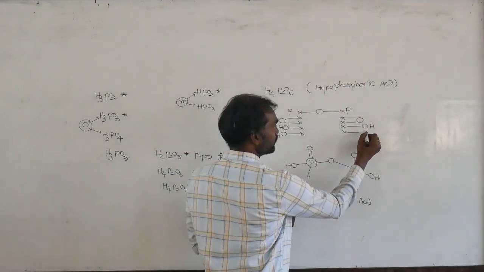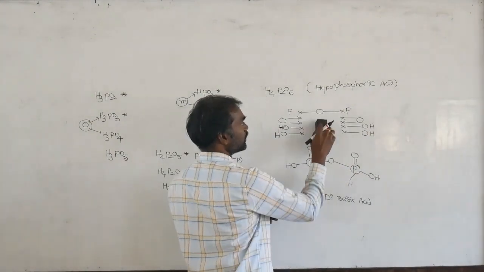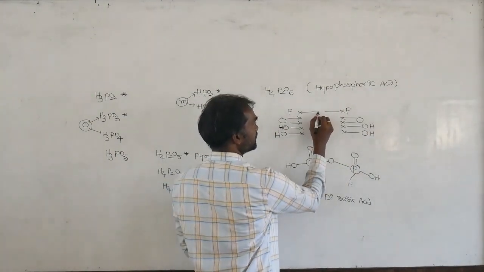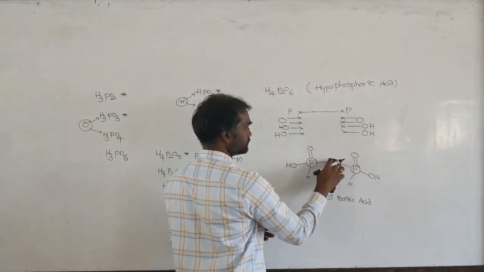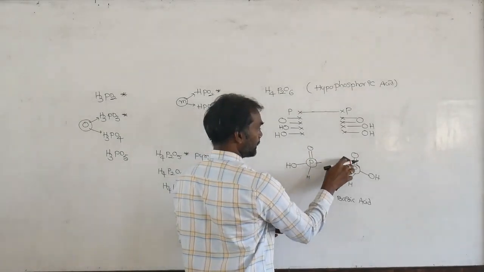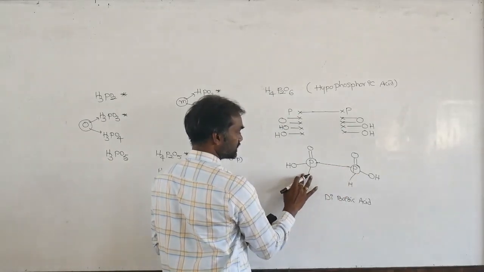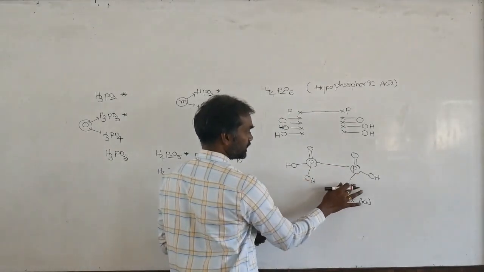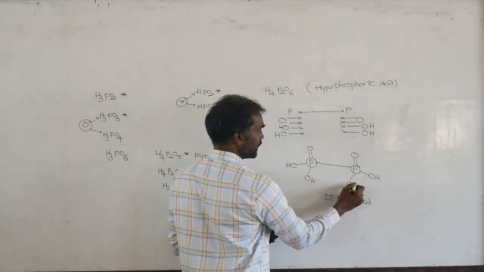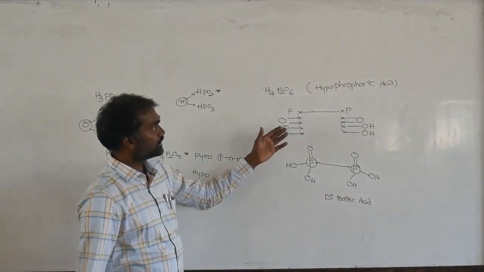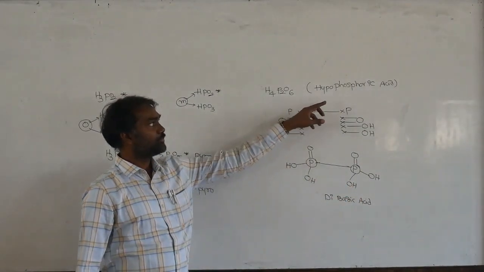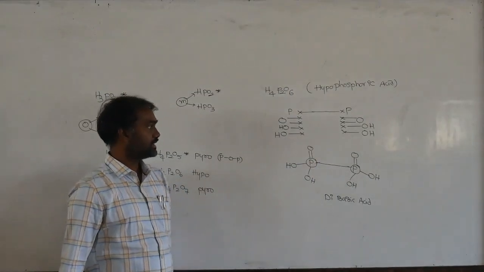Here also you write OH. So now you remove this oxygen straight. OH. This is also OH. So this is a dibasic acid. So hypophosphoric acid.